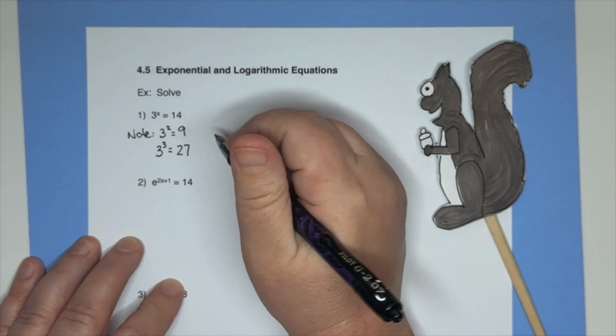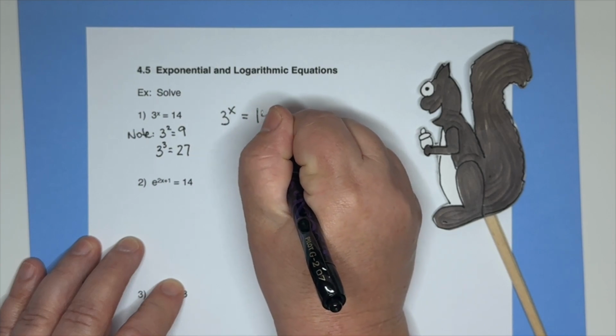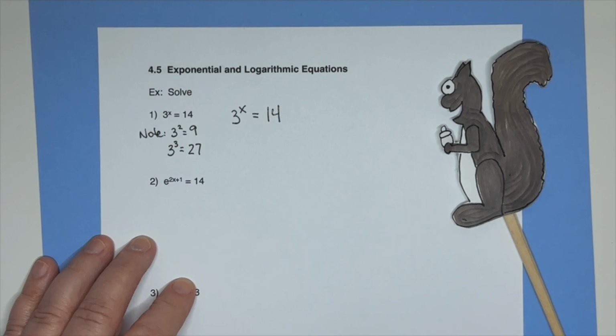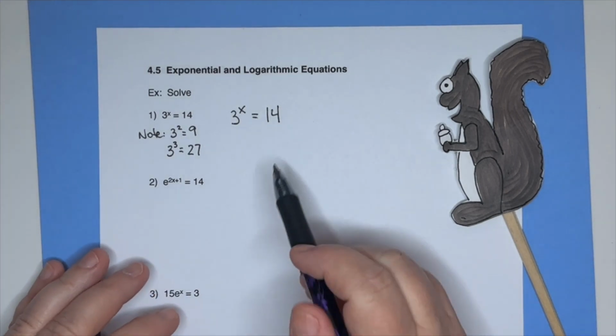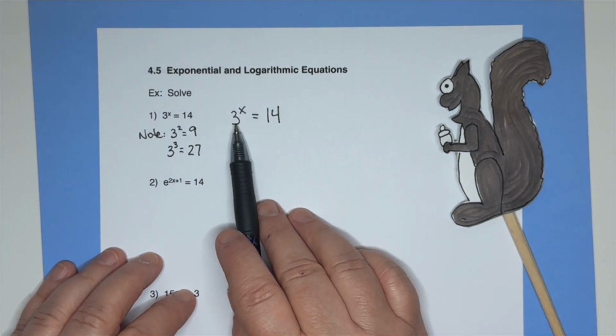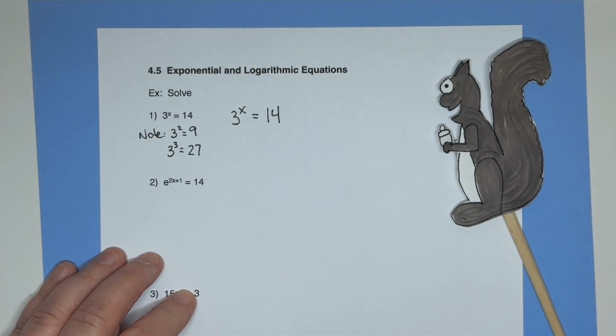So we've got 3 to the x equals 14. We've got some options, and everybody has different perspectives on the correct way to go about this. One way is to take this exponential form and rewrite it in logarithmic form.